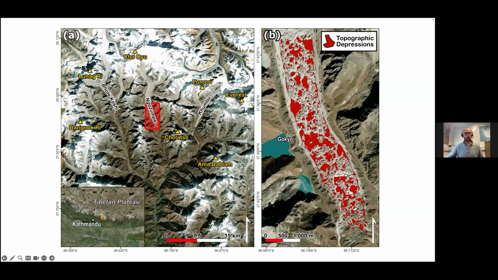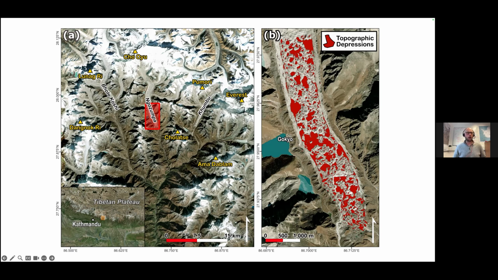When we look at debris-covered glaciers, and this is the Gazumpa Glacier, we see that the surfaces are covered with thousands of topographic depressions. Each of these red polygons you see on the right panel is an individual topographic depression identified in a DEM that I created due to some photogrammetry while in Nepal.